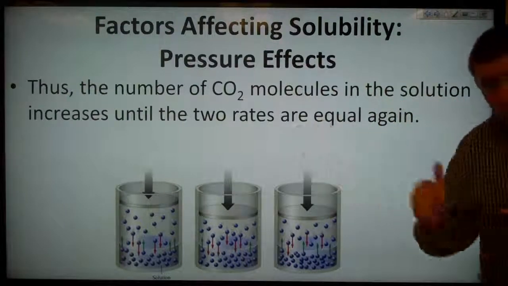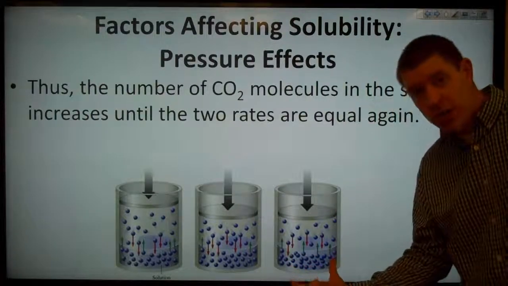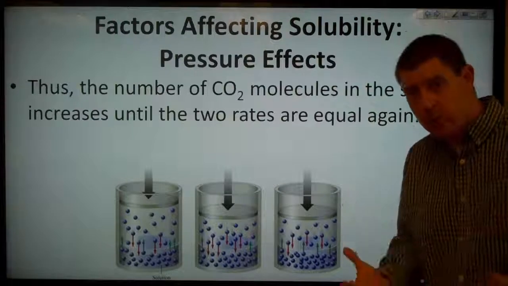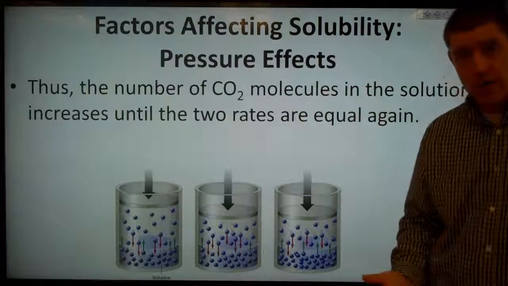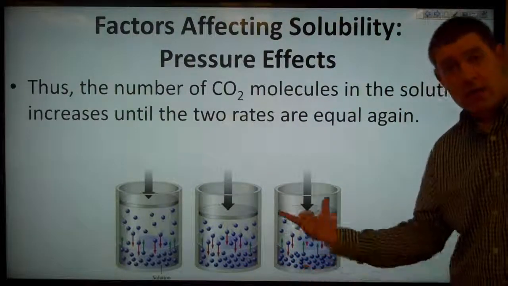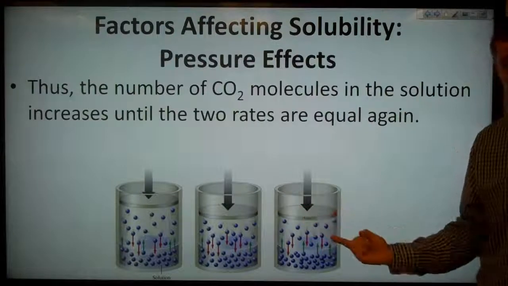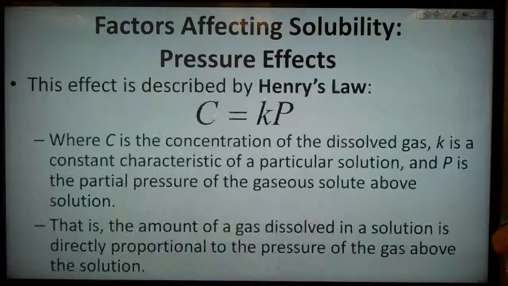We have enough carbon dioxide molecules in the solution that now the rate at which carbon dioxide molecules are leaving solution is equal to the rate at which they are entering solution, because we've increased the number of carbon dioxide molecules in solution and decreased the number in the gas phase, and thus the rates will be equal.